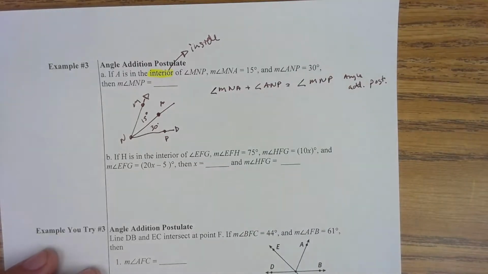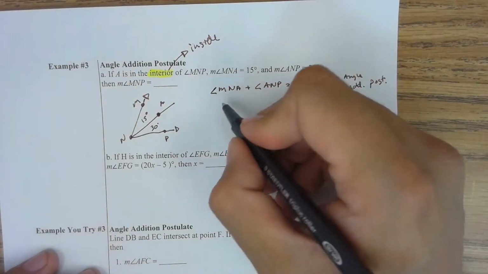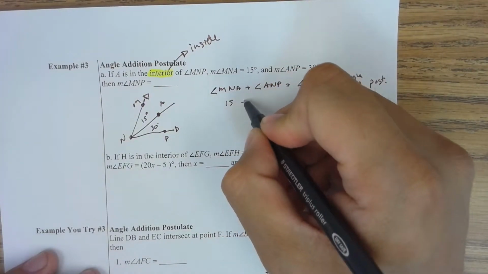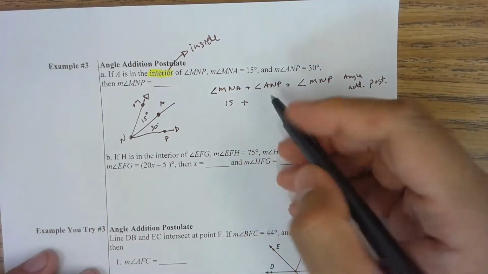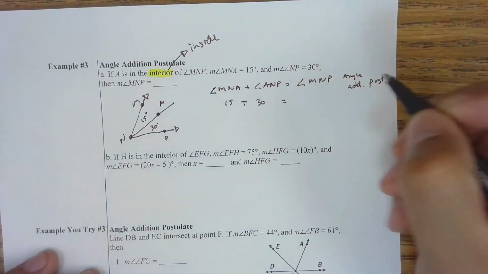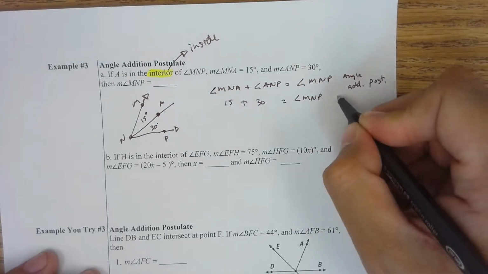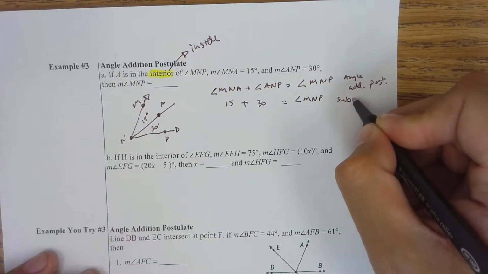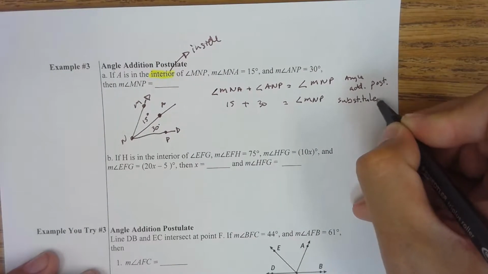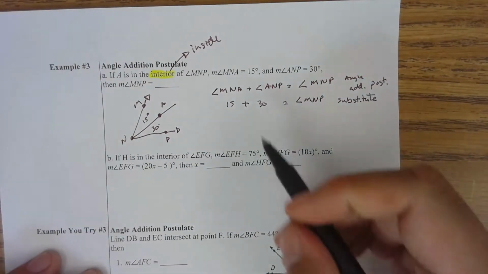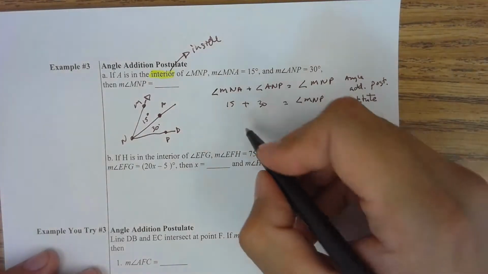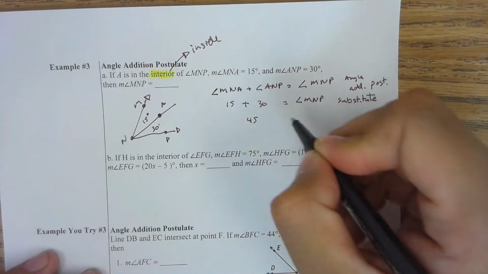So again, this is called angle addition postulate. And then now we're just going to substitute it in. We know that this right here is 15, and we know that AP is 30, and that is equal to MP. So here we just substitute. These two, combine them, so you get 45 degrees.